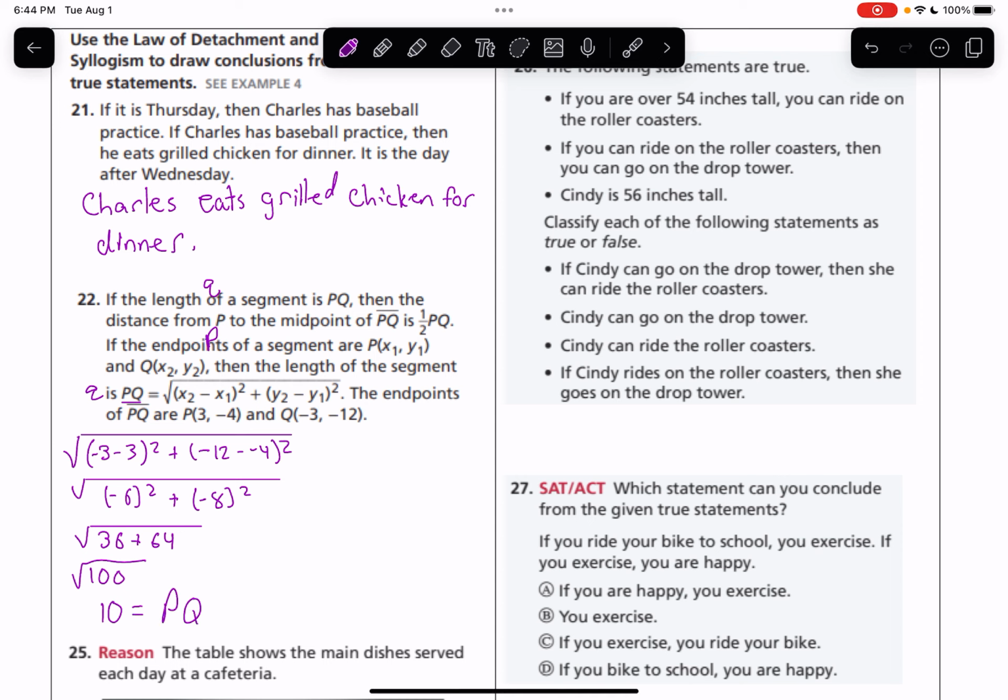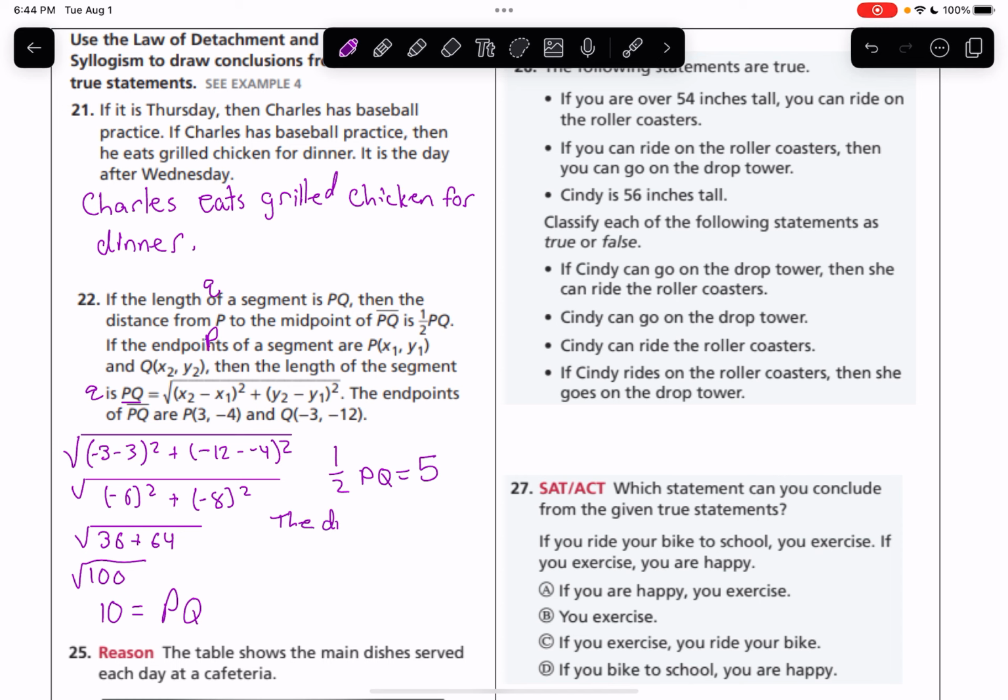Of course, our statement talks about wanting to find half of the length PQ. So we can say, all right, well, half of PQ equals half of that, which is 5. So we can say that the distance from P to the midpoint of PQ is 5.